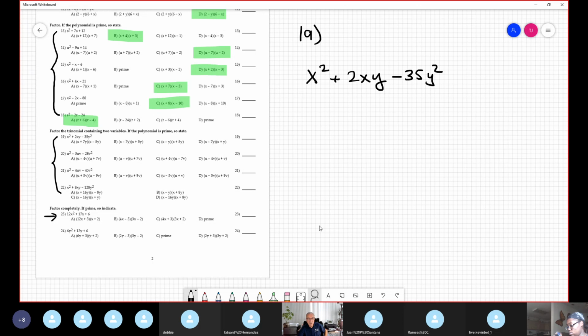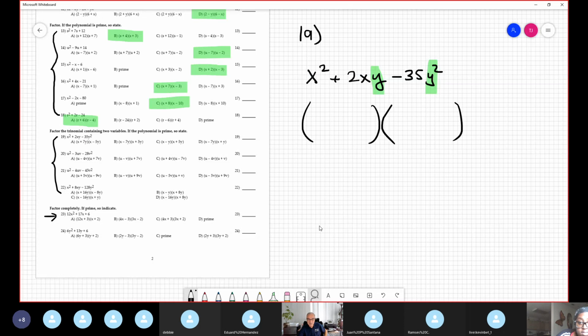The new thing that this example 19, 20, 21, and 22 brings is that we have two variables, x and y. But don't worry, it's the same. You temporarily ignore that variable and consider only the x, and you factor like that.